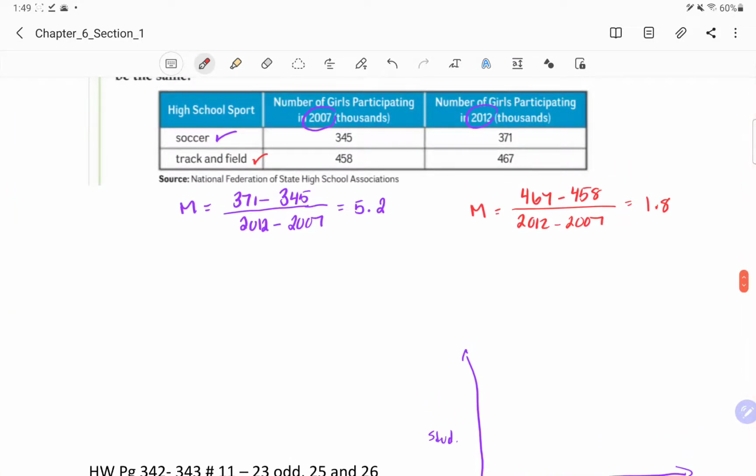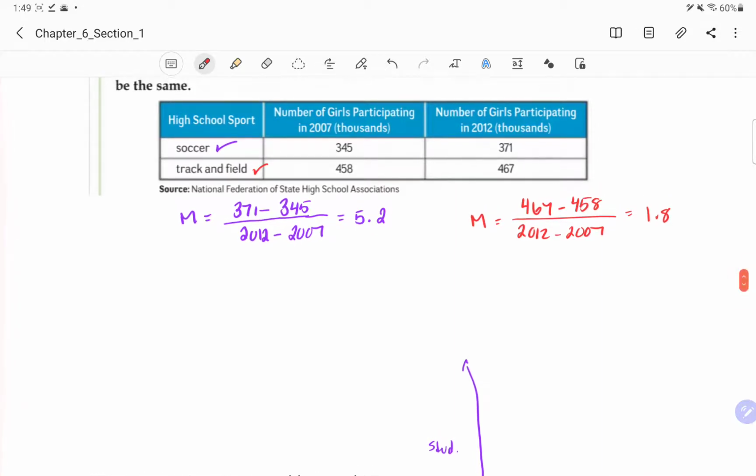So we're using since 2007. So this is kind of like our starting point. This is like our year 0. That's a lie. We're going to look from 2012 on, right?